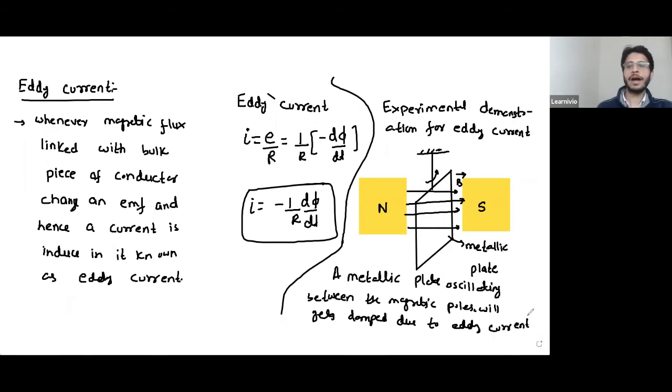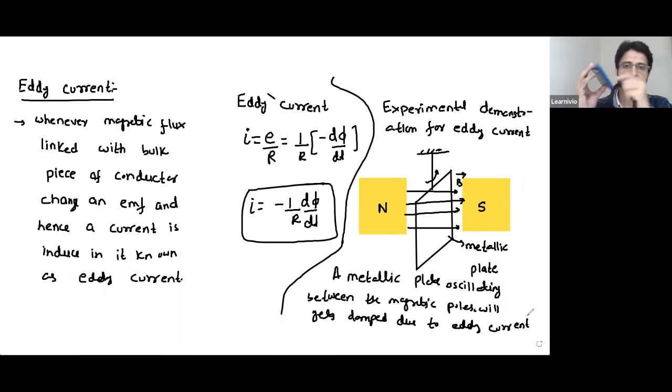Now let's see why its motion is getting damped. Say take this pen as the magnetic field and this is the plate. Now as soon as the plate enters the magnetic field, after this pen, the magnetic field will start. As soon as this plate enters the magnetic field, the flux linked with the plate will increase.